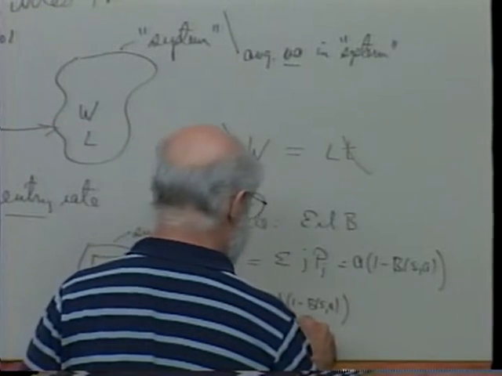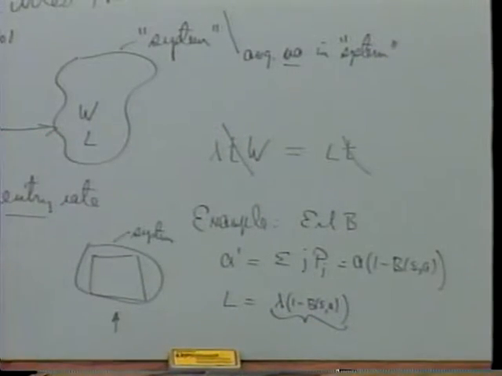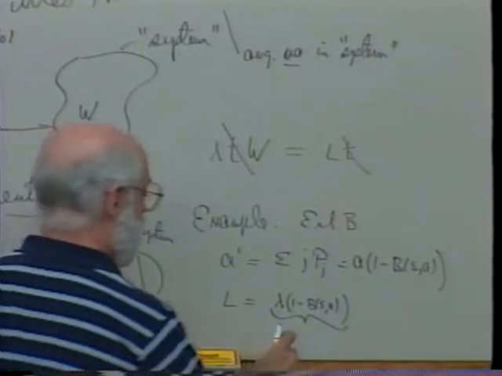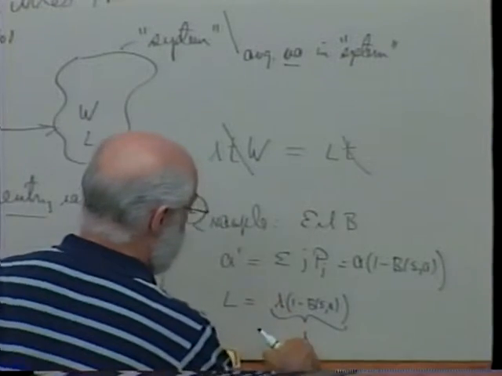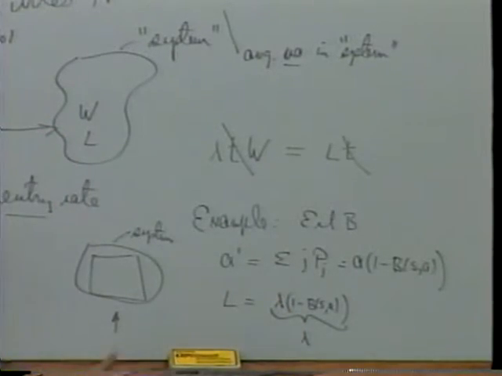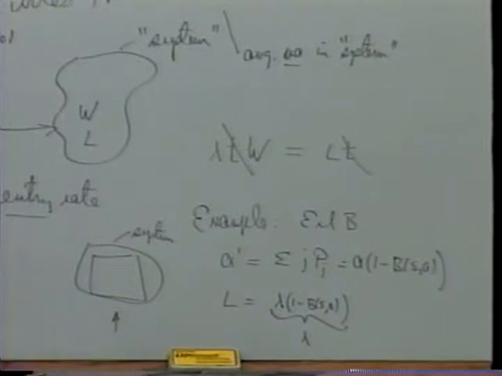So this thing right here, that's the lambda in L equals lambda W. Maybe I should, I'll just say this is the lambda, so I don't confuse that lambda and that lambda. Okay. That's the rate at which they enter the system. Now, once they're there, on average, how much time do they spend there?